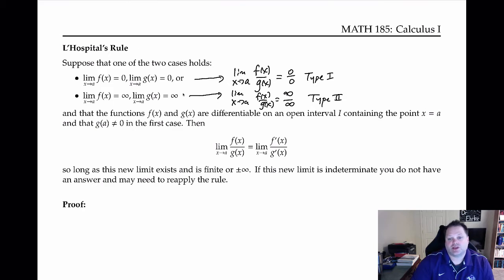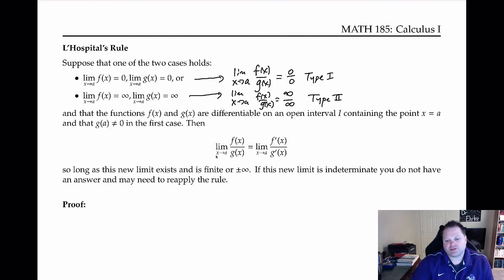So L'Hopital's rule says if you have a limit problem where the function in question can be written as a ratio, and the limit of the ratio turns out to be one of these two cases, then you can do the following. If your functions f and g both have derivatives on the interval containing the point a, so in other words, you're not at a corner point or a vertical asymptote or something like that, you can take the derivative near a.